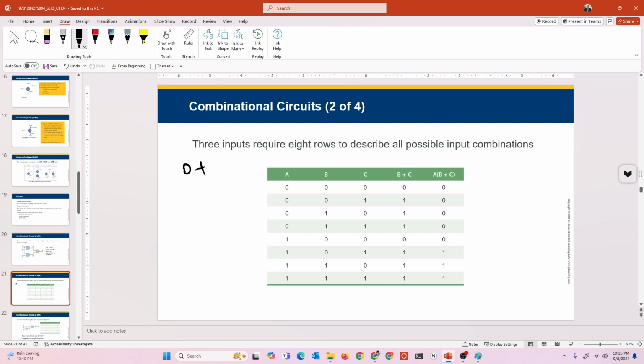Generally, 0 plus 0 is 0. 0 plus 1 is 1. 1 plus 1 is 1, carry 1. This carry will cause some problems later in your understanding of combinational logic, and we talk about it in full adders and things like that. So for the moment, just remember that the carry is not considered if you're doing 1 plus 1.